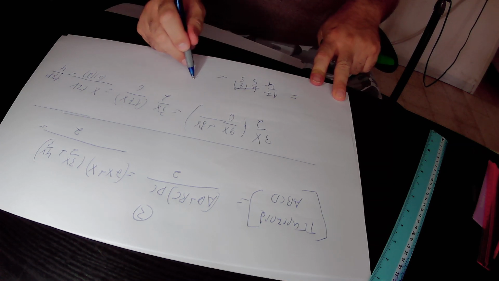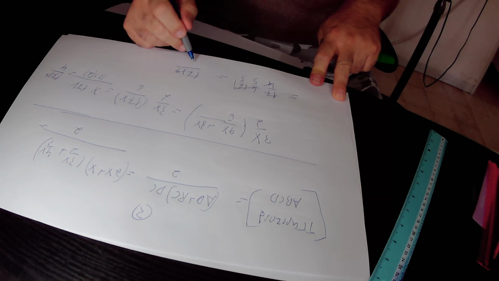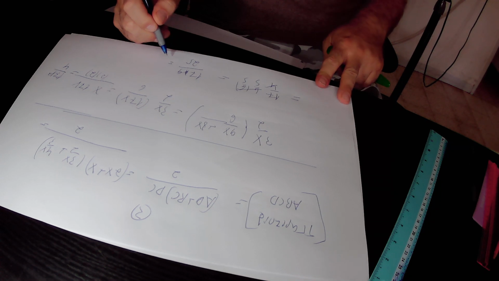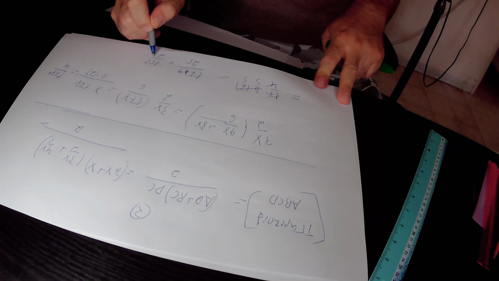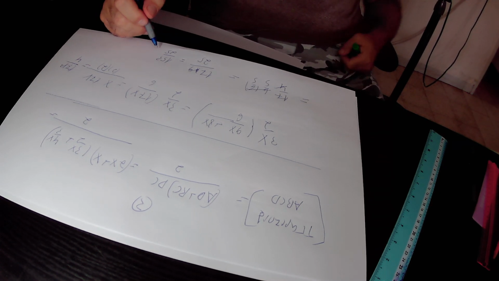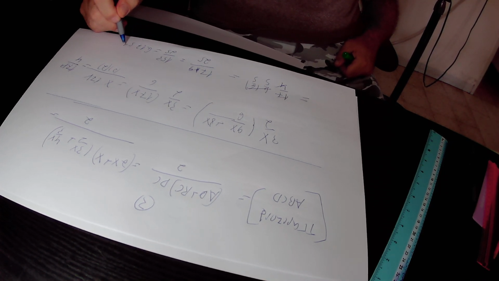So we have 17 times 9 over 5 times 5, that is 25. 17 times 9 is 153, divided by 25. 153 over 25 is 6.12 square units.